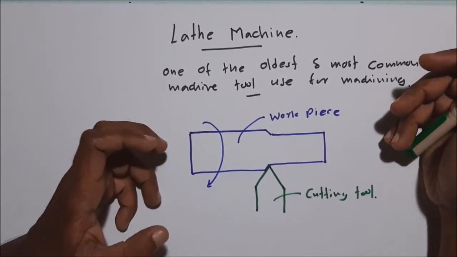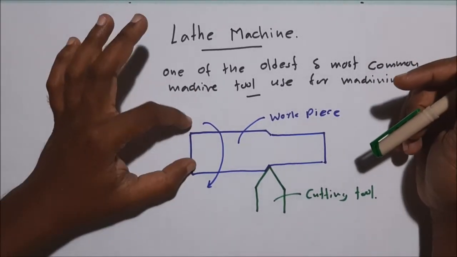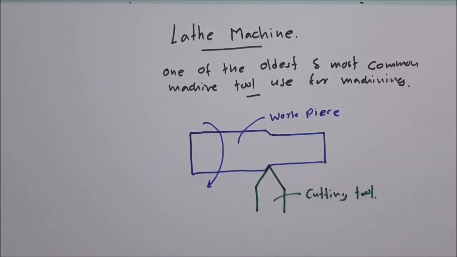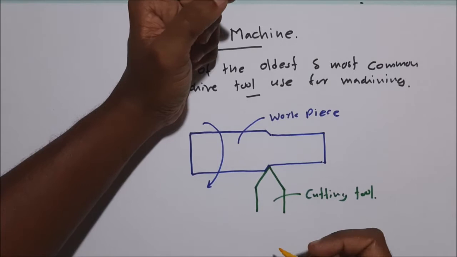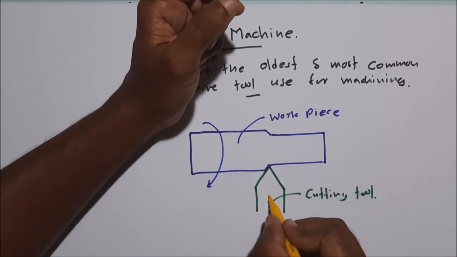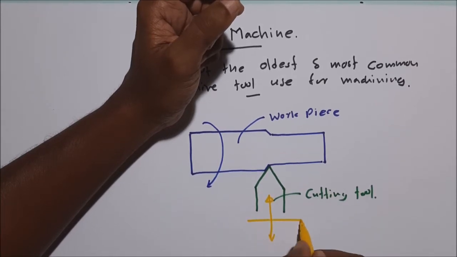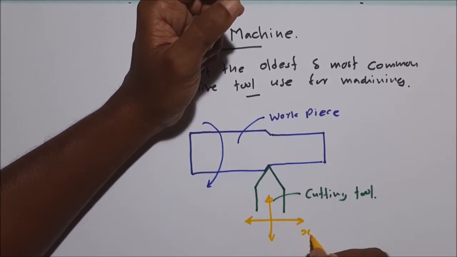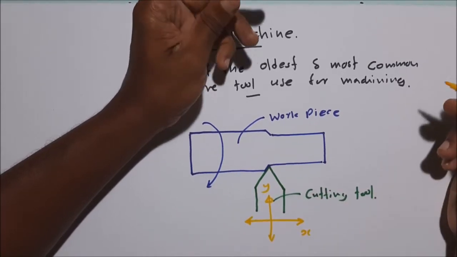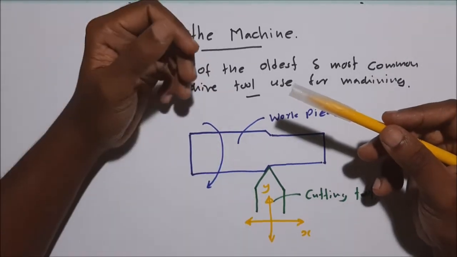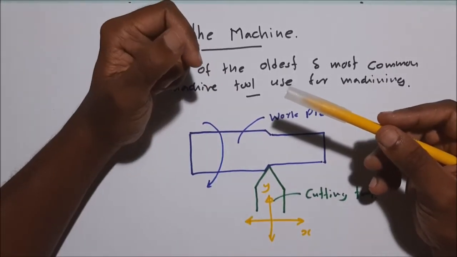The workpiece rotates against the cutting tool, and the cutting tool moves in two basic directions, x and y. Then we can obtain the required geometry by moving the tool in this two-dimensional plane.